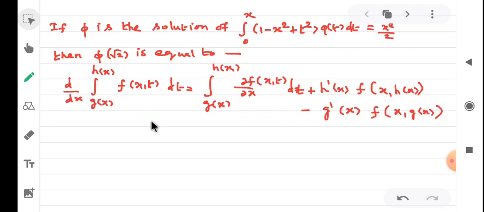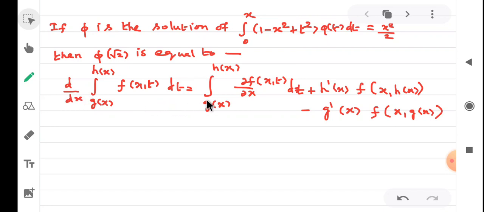Okay, so basically we are having a function of two variables, namely x and t. f of x comma t, this is a function of two variables. We need to integrate this function with respect to t within the limit g of x to h of x. For this integral we need to find out the derivative with respect to x.